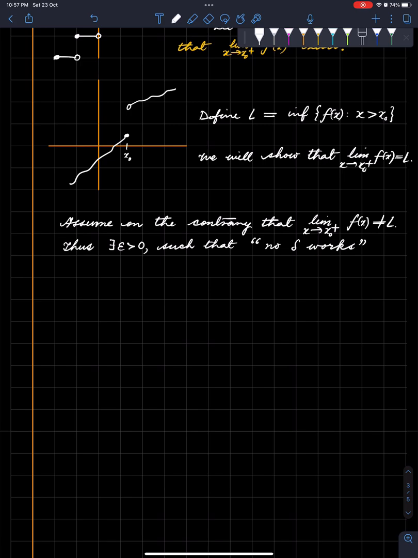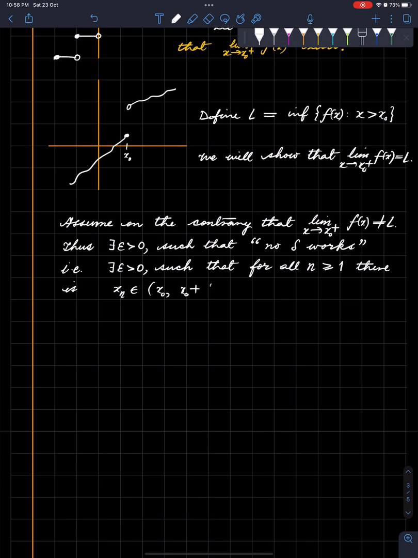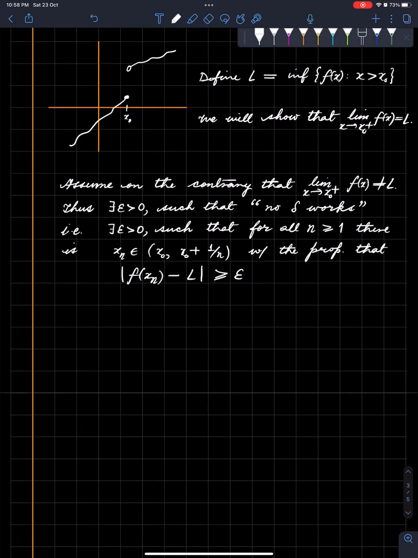Thus, that is, there exists epsilon greater than 0 such that for all natural numbers n, there is xn lying in this interval (x0, x0 plus 1 by n) with the property that the absolute value of f(xn) minus L is at least epsilon. So this is for all n.